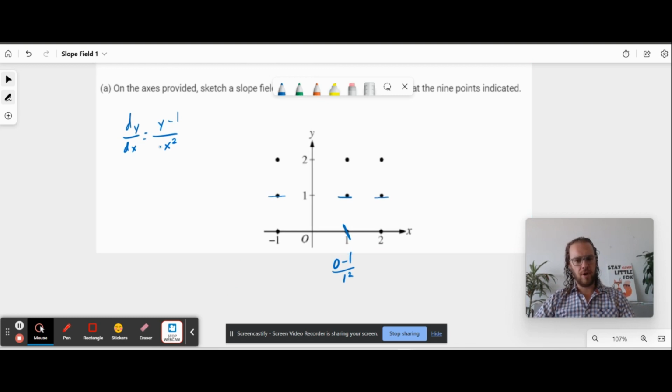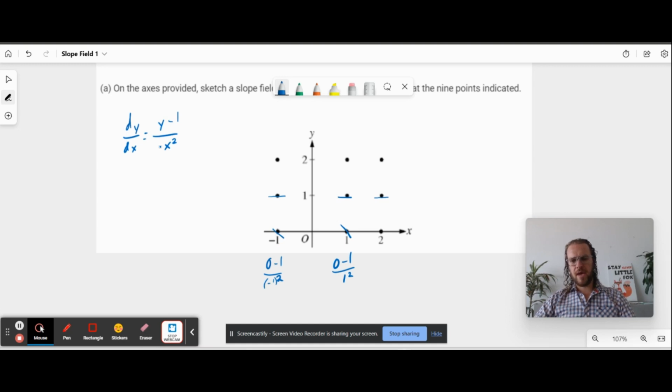If x is -1, it's going to be exactly the same because we're going to get (0 - 1)/(-1)². Well, that (-1)² is simply going to become 1, just like the first one. So that's going to give us the exact same slope of -1. That actually looks a little bit too steep, doesn't it, for -1? A slope of -1 should be coming down on a line like that. So there we go. That's a little better.